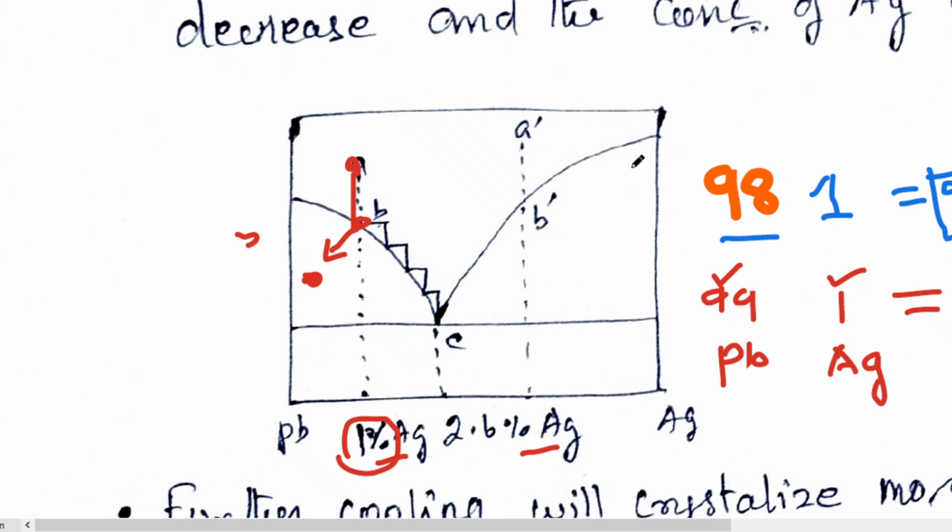So now percentage wise it is 98.9%. Similarly, if you calculate the percentage of silver, that is 1 divided by 99. Now it is 1.01%.